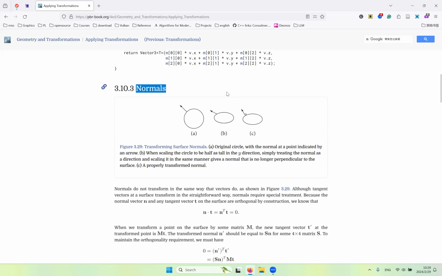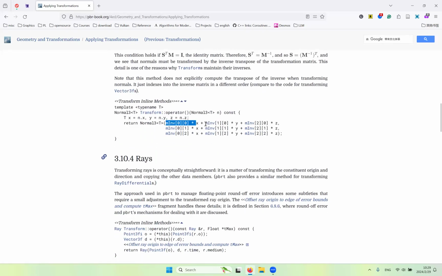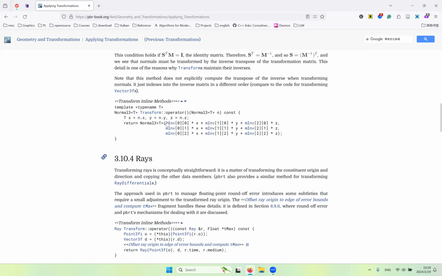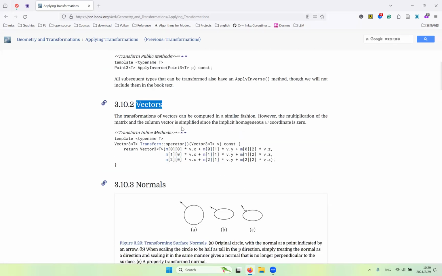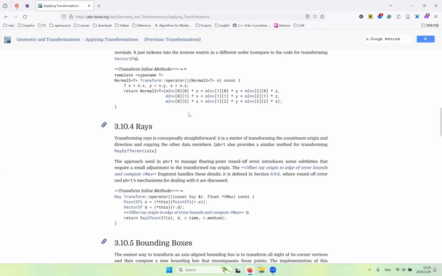And for normals it's a bit annoying because the transforms are the inverse of the actual matrix. So when we do the inverse, otherwise it's identical to the vector version. There's some sort of transpose that happens there.